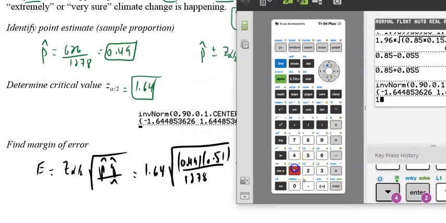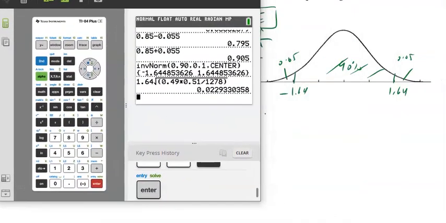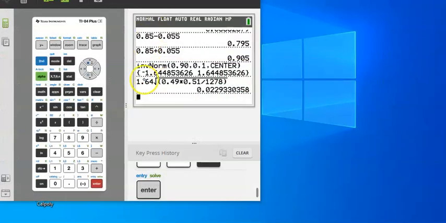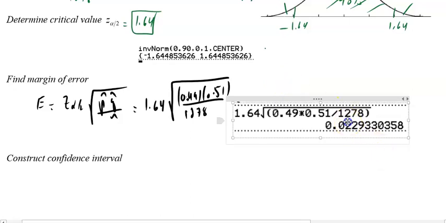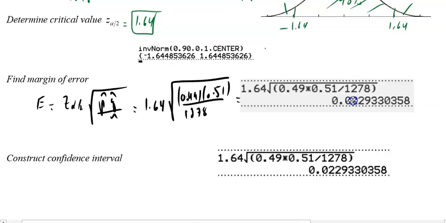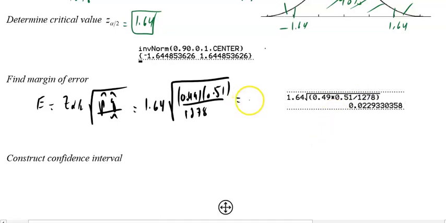If I take 1.64 times the square root of parentheses 0.49 times 0.51 divided by 1278 and hit equal, I'll get the margin of error to be plus or minus 0.02, and we could go to 0.023.